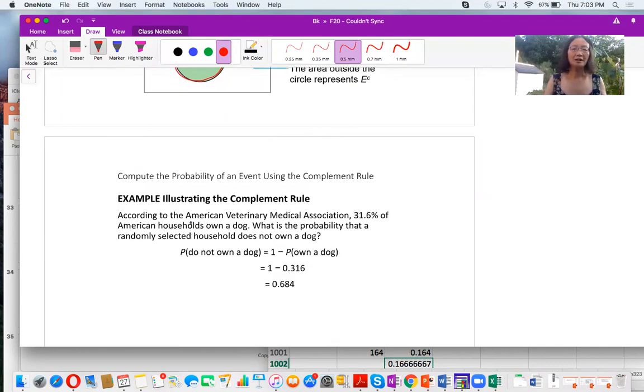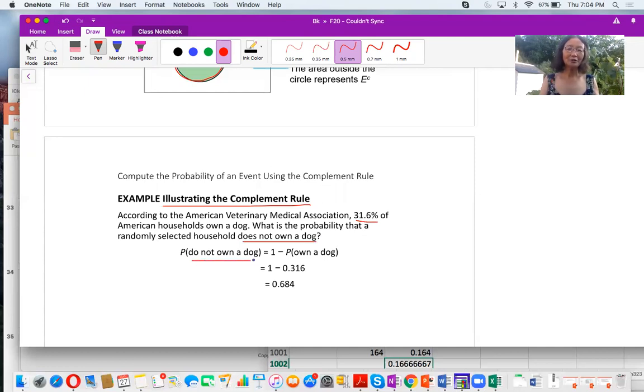Example illustrating the complement rule. According to the American Veterinary Medical Association, 31.6% of American households own a dog. What is the probability that a randomly selected household does not own a dog?